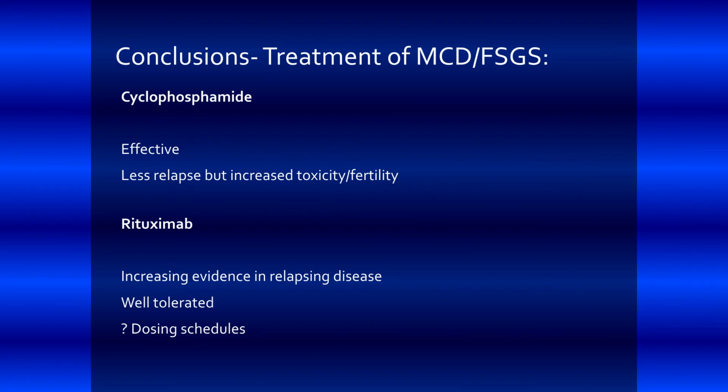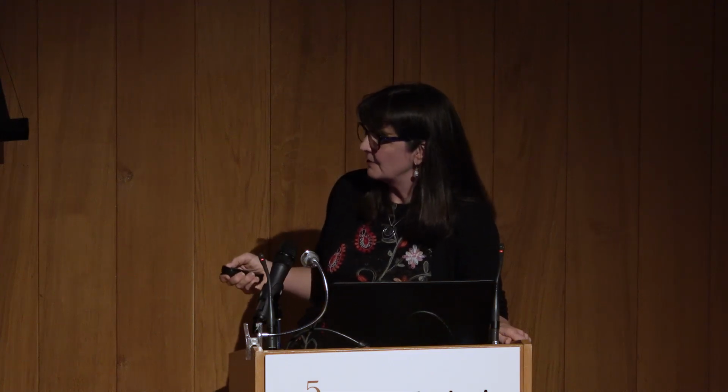Cyclophosphamide, effective, less relapse, but clearly problems with toxicity, bone marrow toxicity and fertility. And rituximab, again, increasing evidence in relapsing disease, well tolerated, but we really don't know how to give it yet and how often we have to give it, or really the side effects of repeated courses of rituximab over many years.